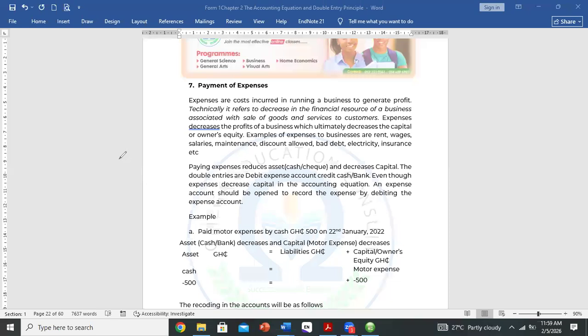Now, I want you to understand it this way. How do we determine profits? Profit is determined by your income minus your expenses. I think we all agree to this fact. If you want to know your profit, you look at the income, the revenue that you receive, and you subtract your expenses. Now, profit also goes ahead to affect capital. Why is it so?